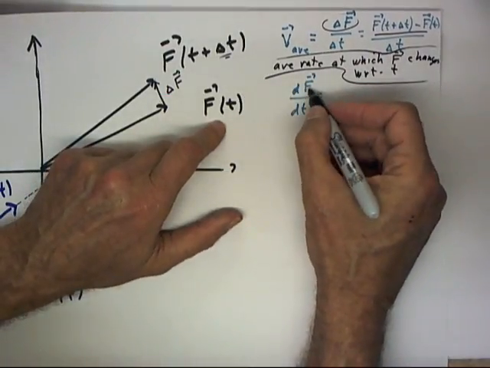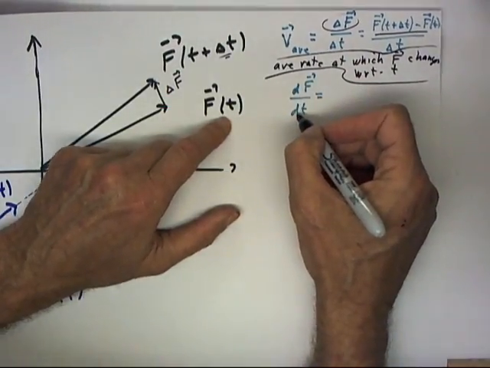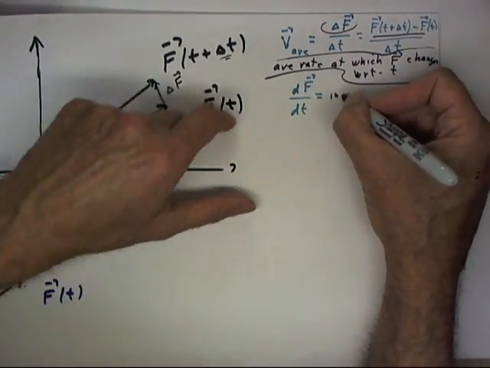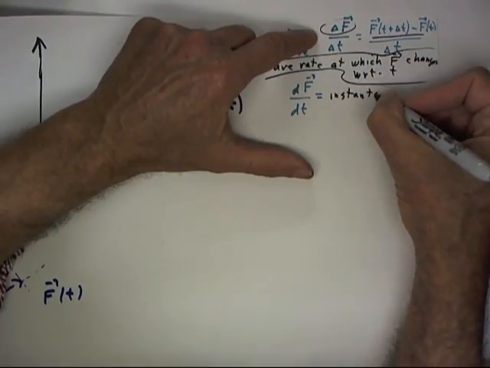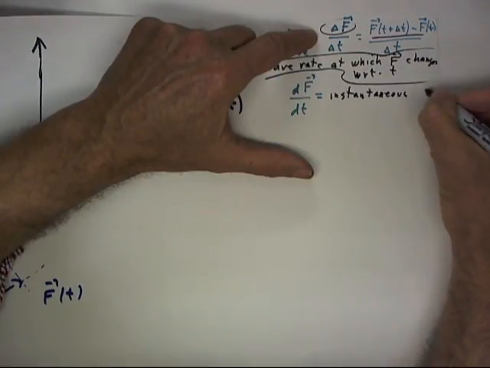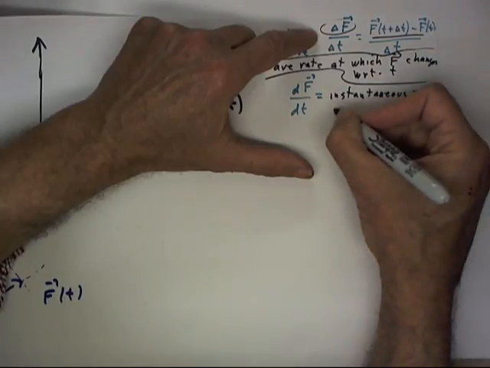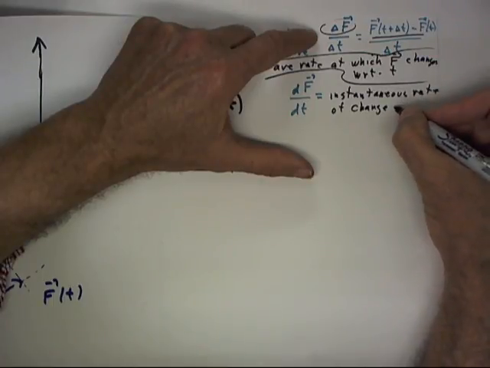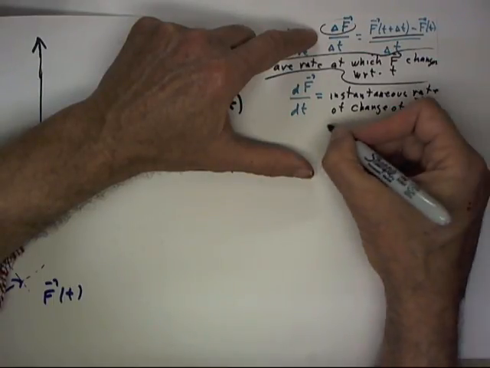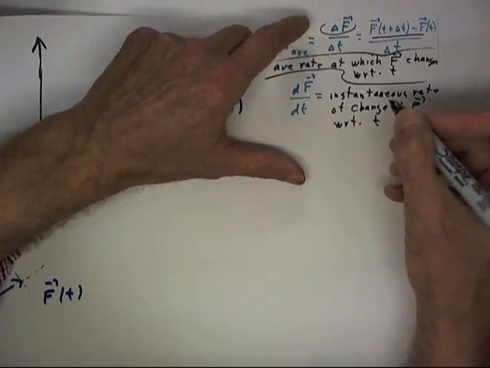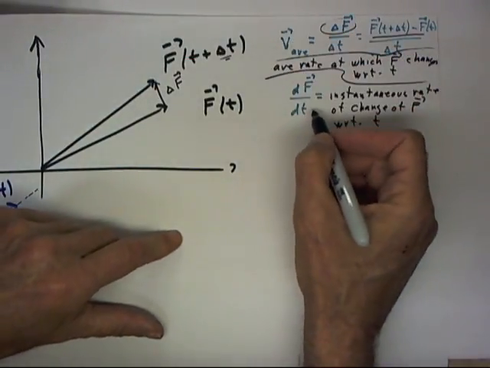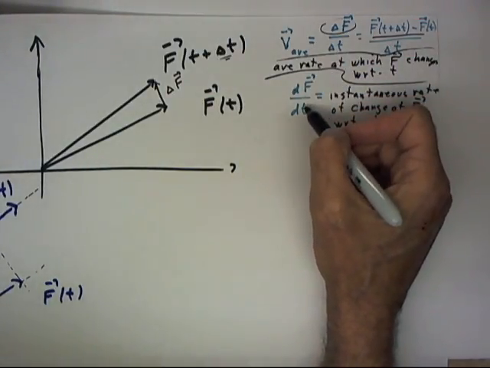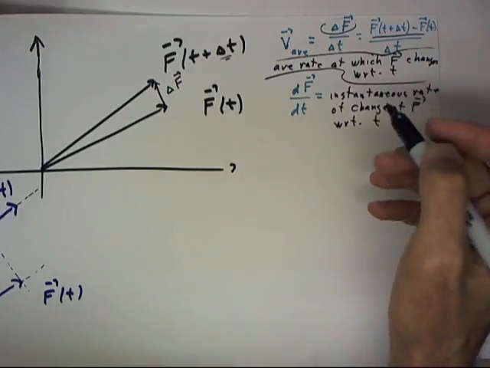Now, what we mean by the derivative of f with respect to t is just the instantaneous rate of change of f with respect to t. In the motion interpretation, this is going to be the instantaneous velocity.